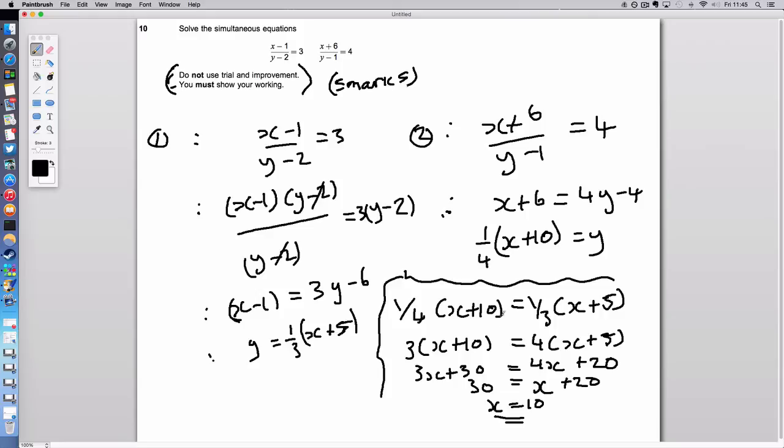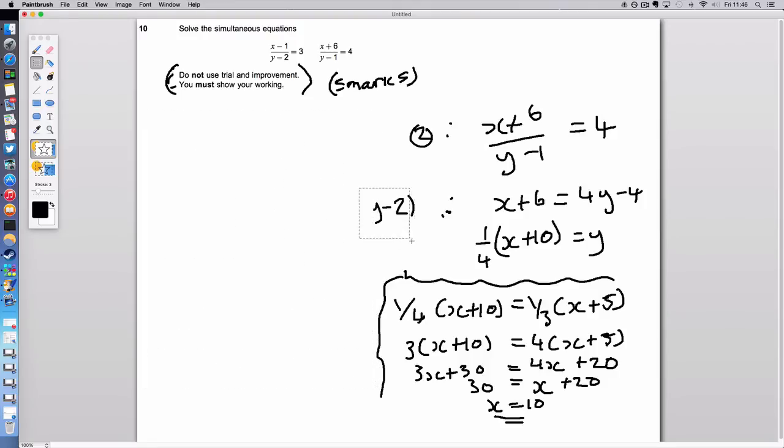So now we need to find our y value. We're just going to get rid of a little bit of the workings out for the first linear equation. Using what we have down here where x equals 10, we're going to substitute that into linear equation 2. So substituting x equals 10 into there, y would equal a quarter times (10 plus 10).